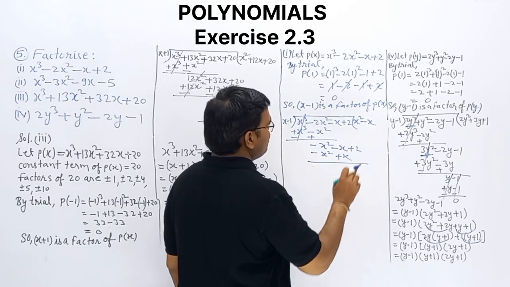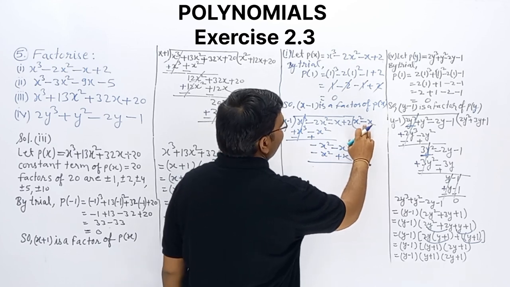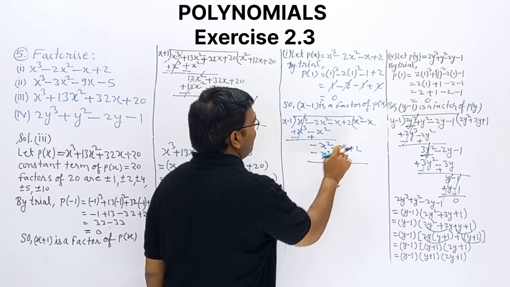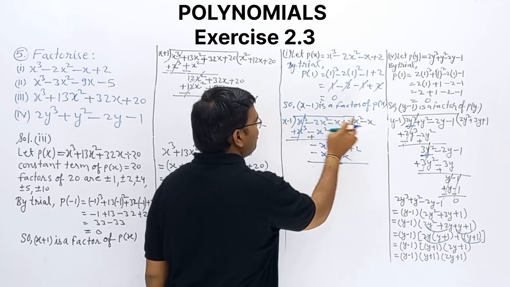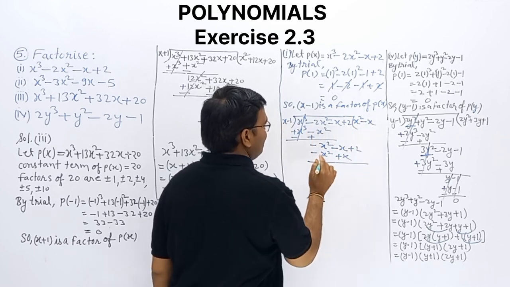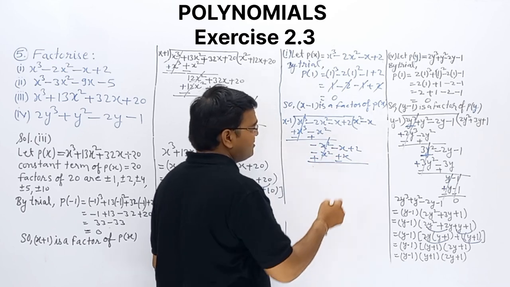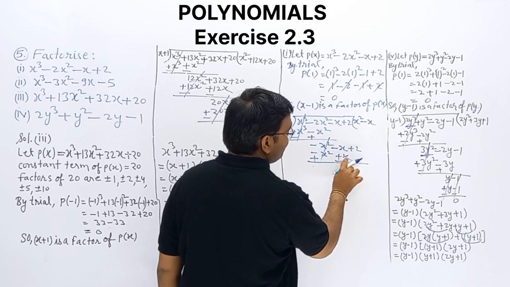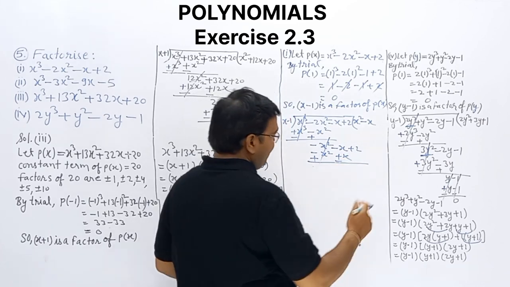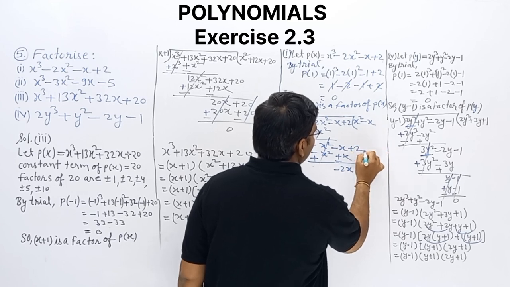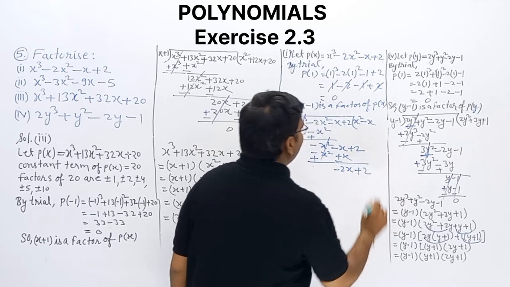This is the last question, so do it carefully. Minus x will be multiplied by this one, minus x square. This one is multiplied by this one, minus into minus plus 1 into x. Now change, we want to subtract plus and this will be minus, both will be cancelled. This is minus x, this is minus x, and minus minus we will add both, minus 2x, and there is 2: minus 2x plus 2.